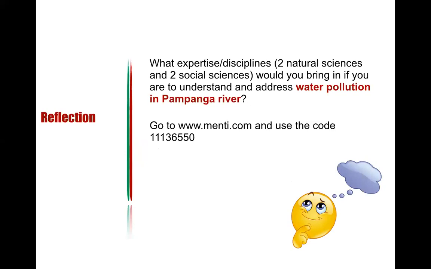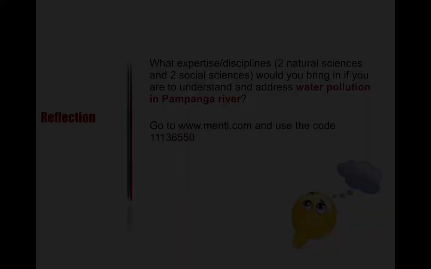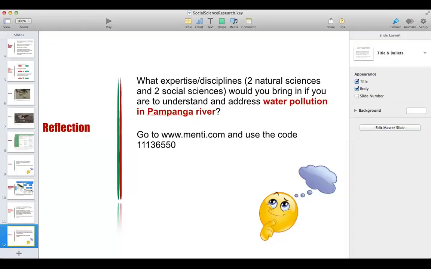So, kanina, when we were doing our Menti number 2, sabi nyo, isa sa most common problem that you encounter in your locality is water pollution. So, now your question, what expertise or disciplines, from natural sciences and from social sciences, would you bring in for you to understand and address water pollution, say for instance in Pampanga River?